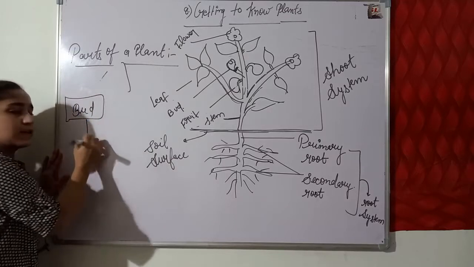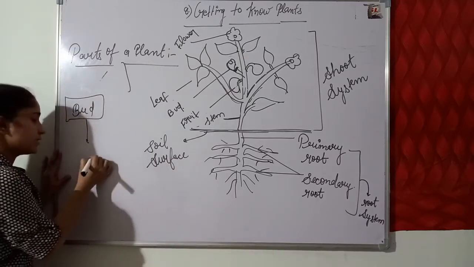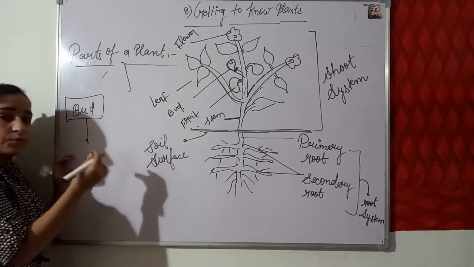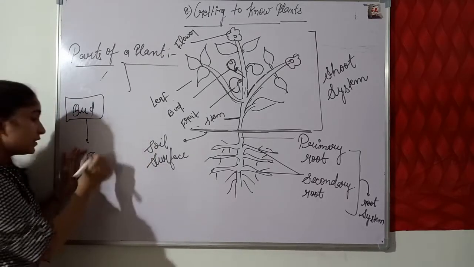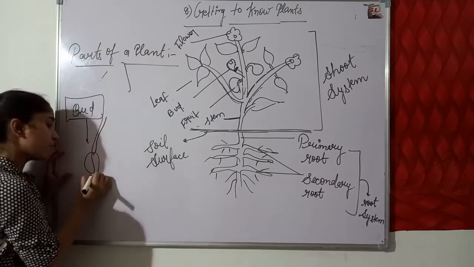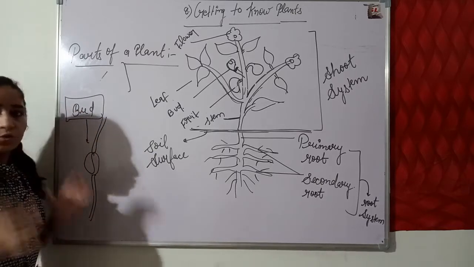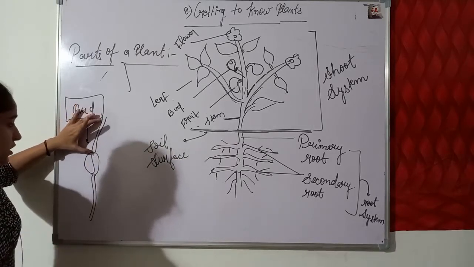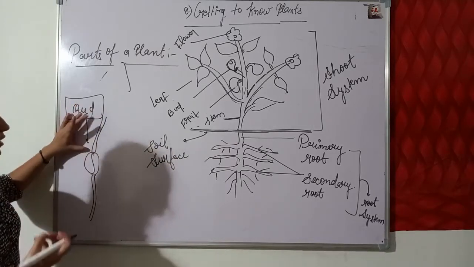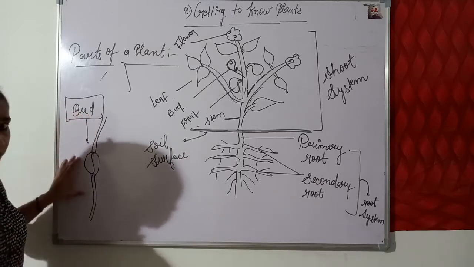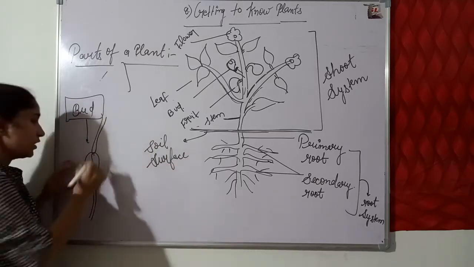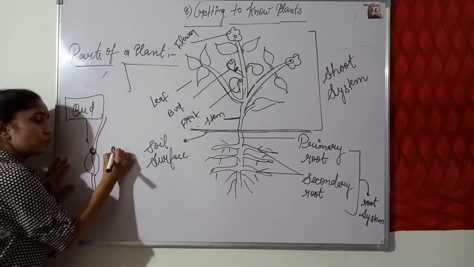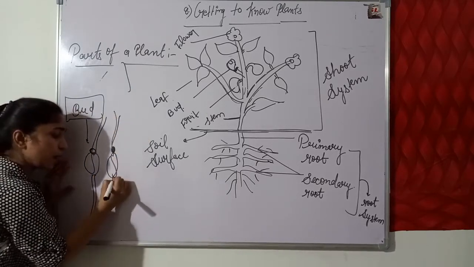Consider the structure formed from plants, such as this seed. From seeds the shoot part and the root part are formed. When these parts, such as shoot and roots, are required to be formed, they are formed from the bud. So firstly the bud arises from the seed to form the shoot part and root part.